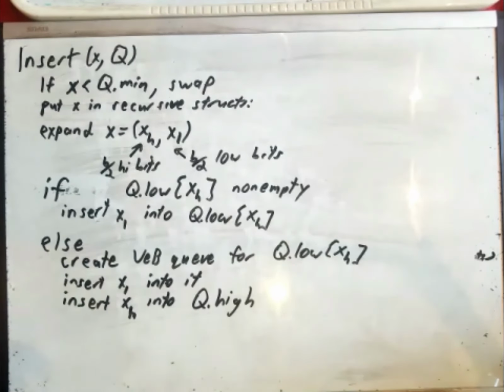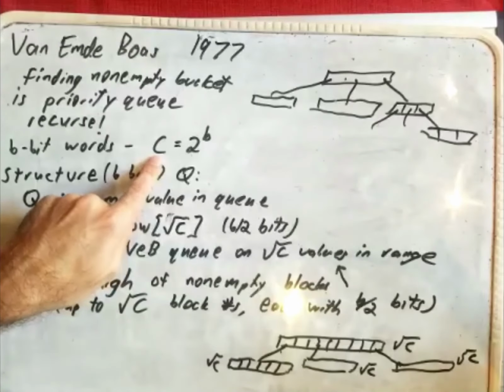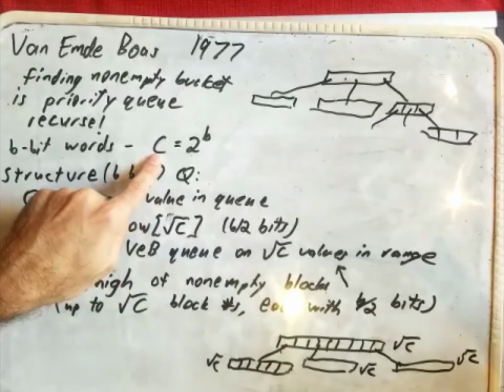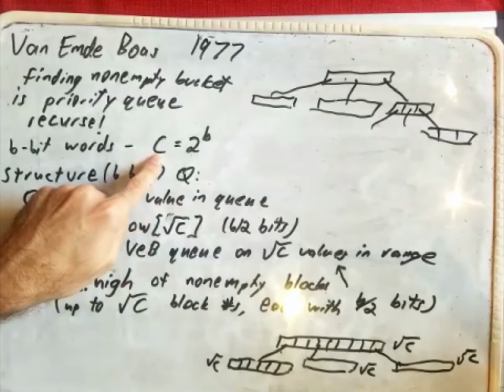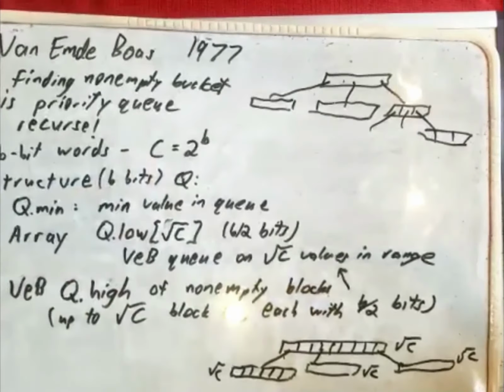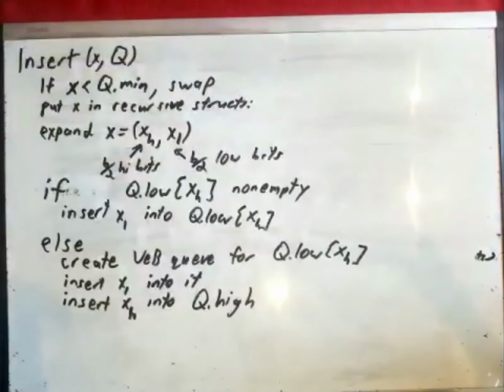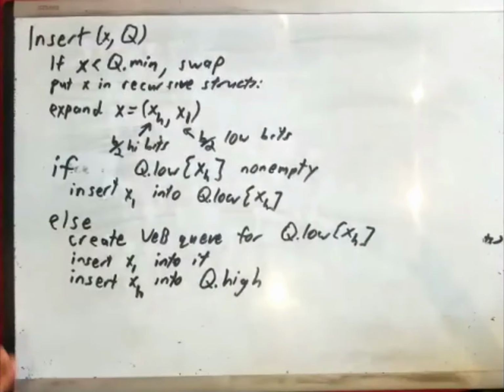Essentially, we are dividing the number of bits by 2 in every recursive step, so the number of layers is log B. But remember that B was log C. And so the number of layers is log log C. This is the big change from using recursion in both places. I'll say more about this later, but you end up with a log log C depth instead of the logarithmic depth we were looking at before, the single log.